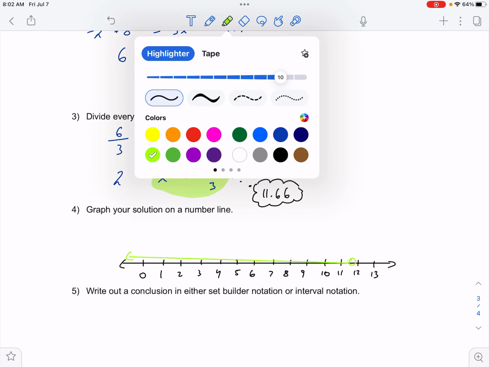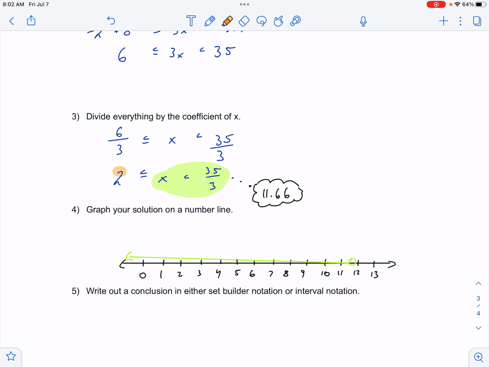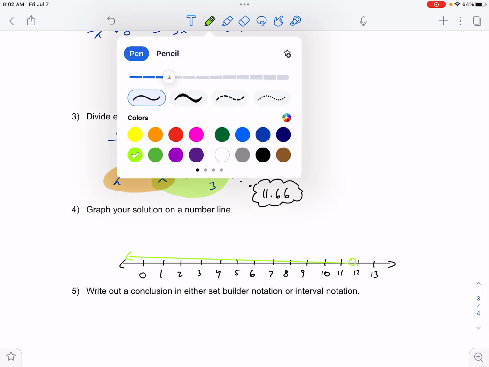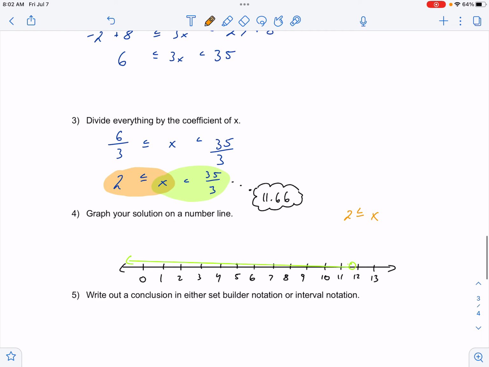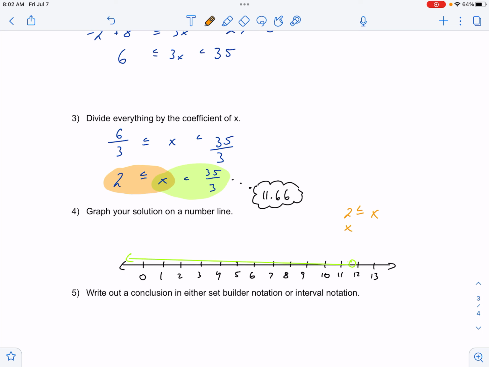I also need to do the second half of my inequality: 2 is less than or equal to x. This might be confusing to graph because of the order of things. I know people are really comfortable with an x on the left-hand side. So if you need, we can swap this and say x is greater than or equal to 2.